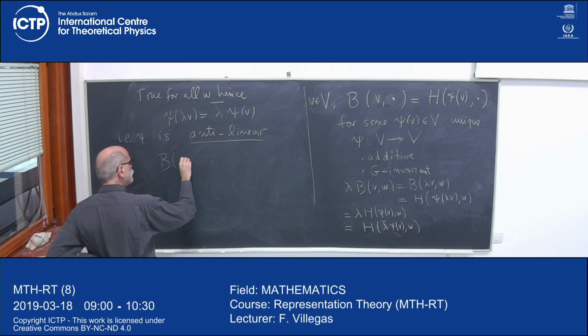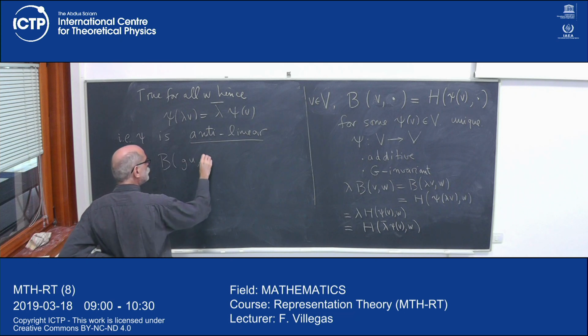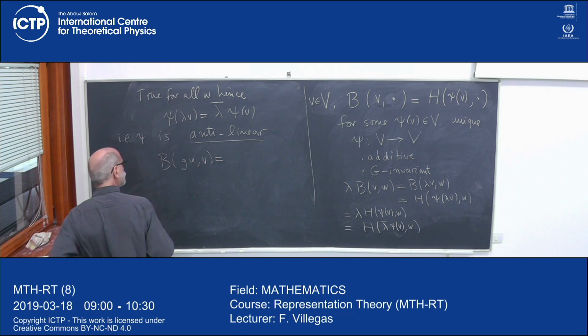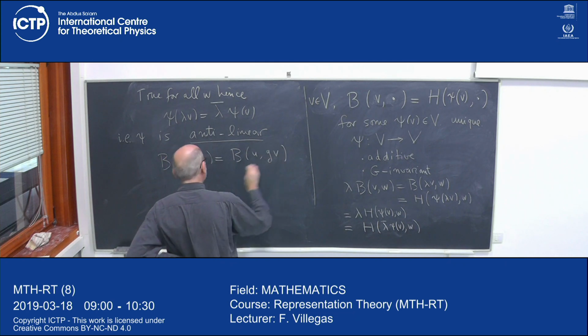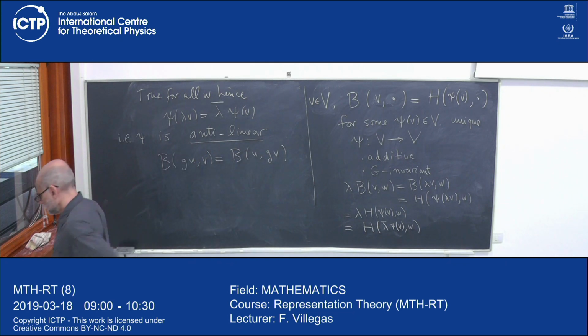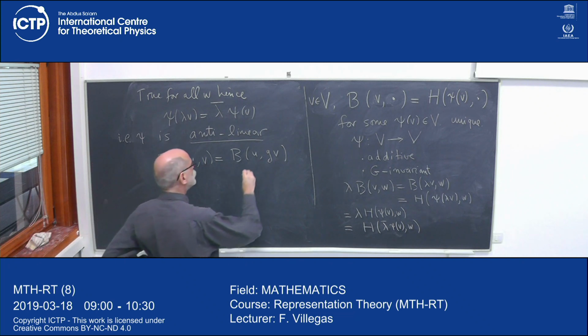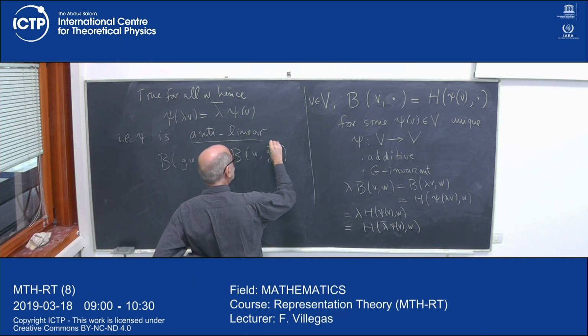B of gu, v is the same as B of u, g inverse v, because B is G linear, rather G inverse.